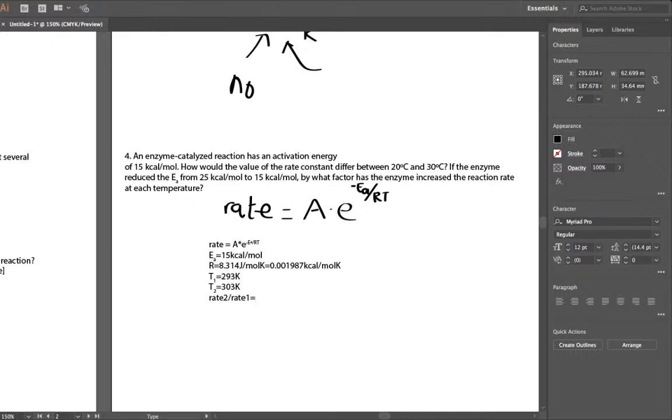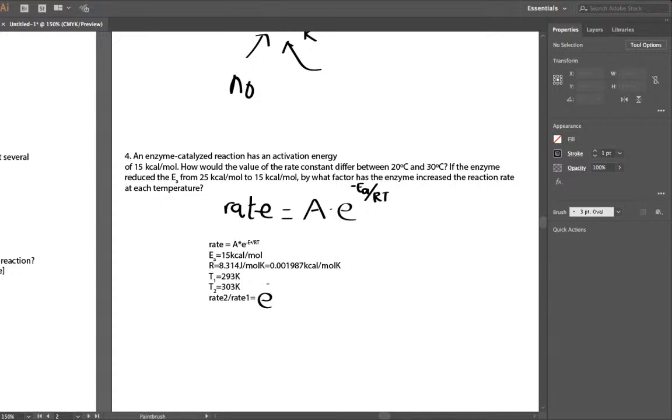That should be e to the power of negative EA, which is negative 15, units still the same, divided by R, 0.001987, and then multiplied by the difference: 1 over 303 subtracted by 1 over 293.